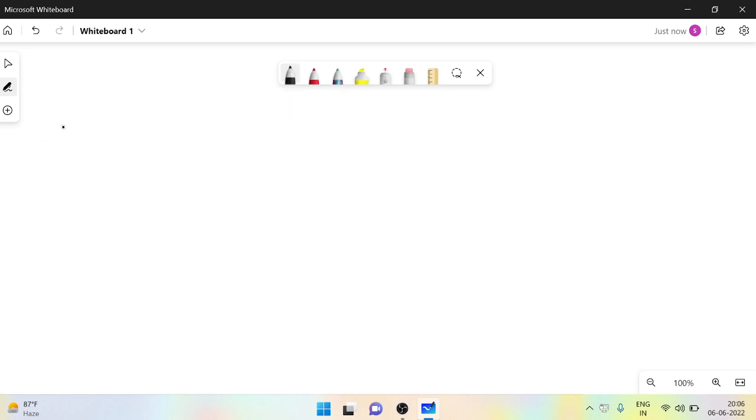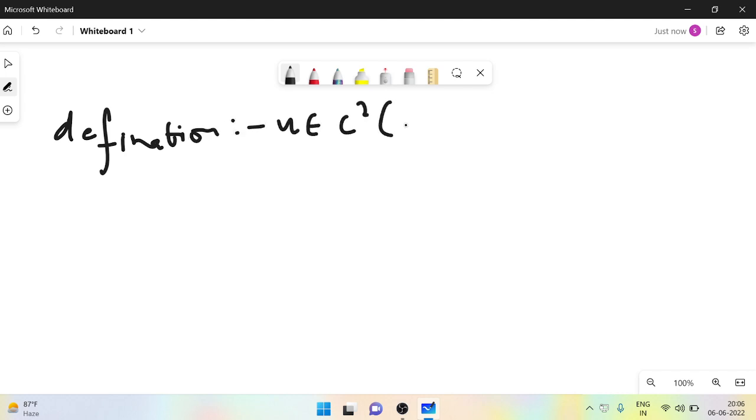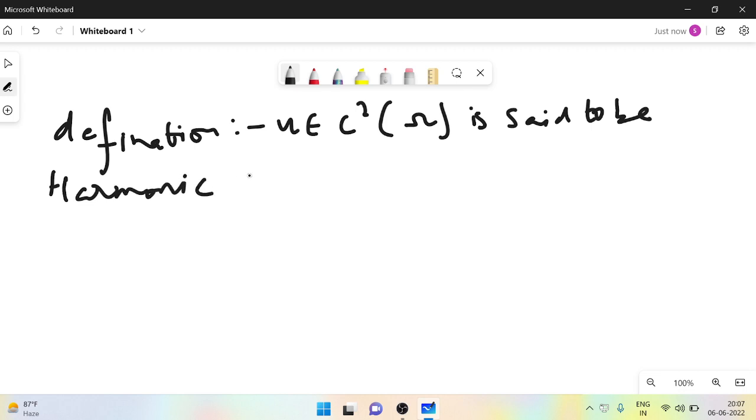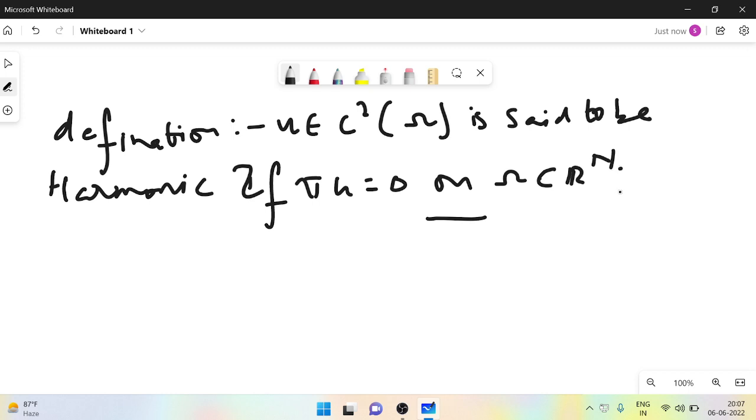So there is one definition. u in C2, that is, a twice differentiable function on a domain omega, is said to be harmonic if delta u is equal to 0 on omega, a subset of Rn, an open set.